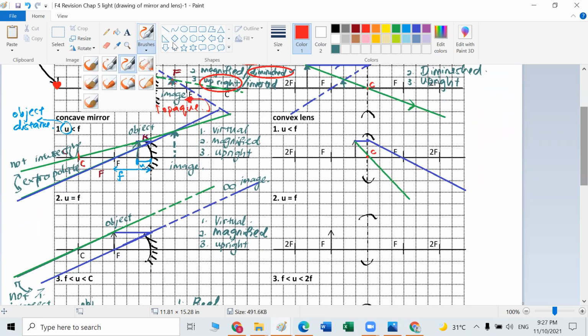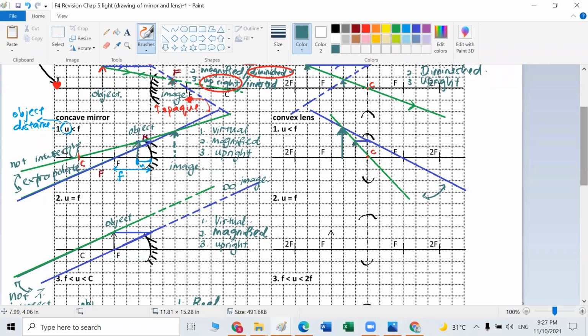And obviously you will see the rays do not intersect, so what should we do? Yes, extrapolate. Okay, so where is the image?